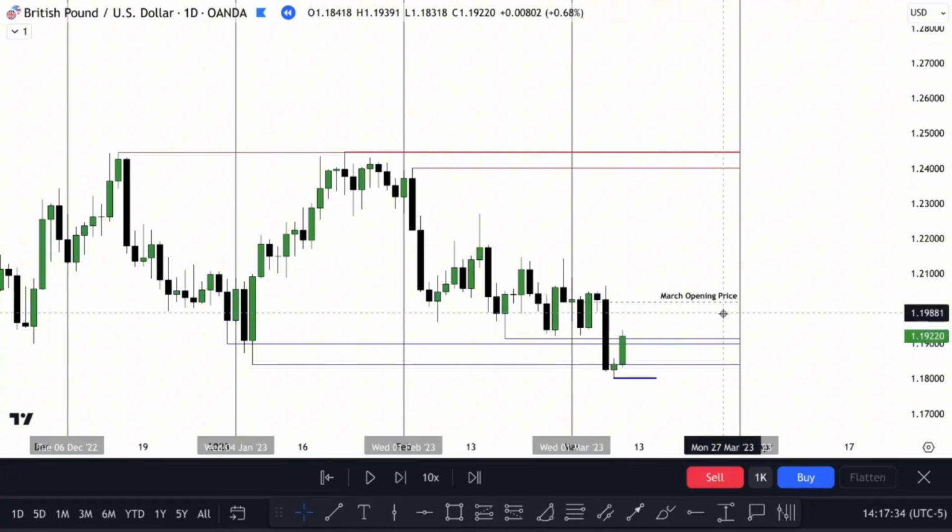Look at any bullish month. I don't care what pair you're looking at, what asset class you're looking at. Look at how the month forms. If the month is going to be bullish, it's most likely going to create a swing low below the opening price or fair value of the month. It's going to create a bottom and you're going to see price trade higher.